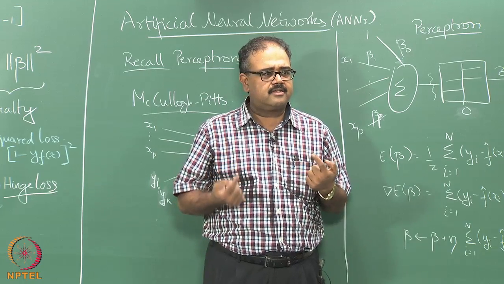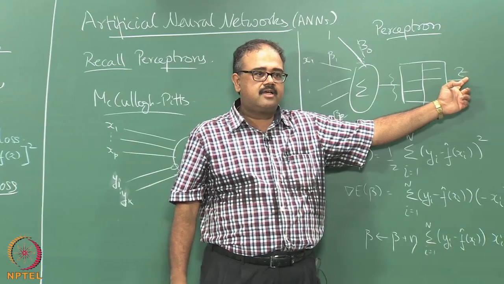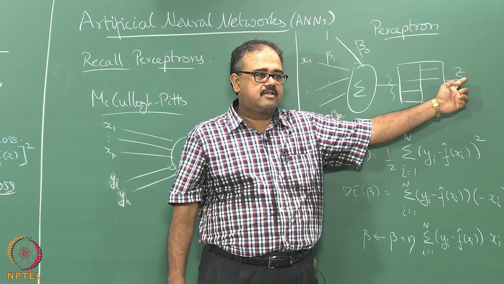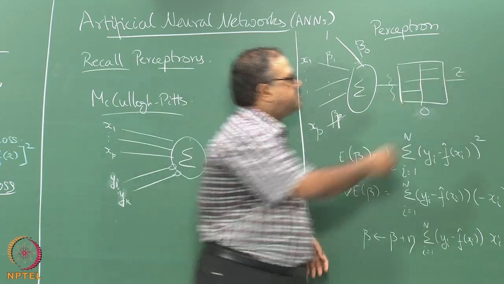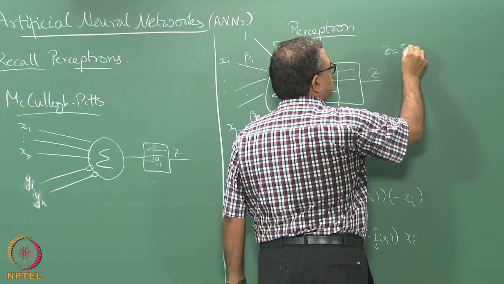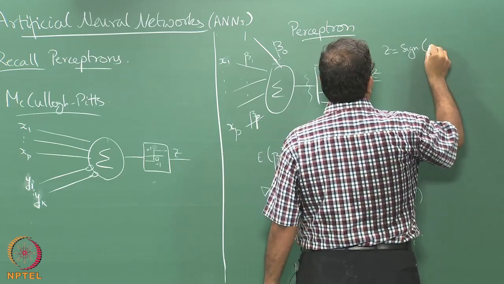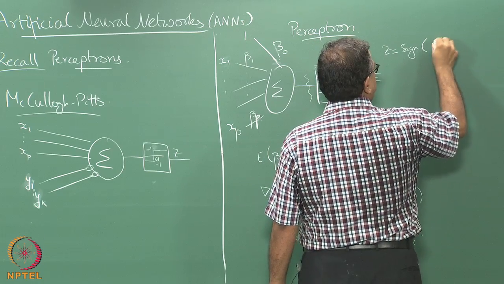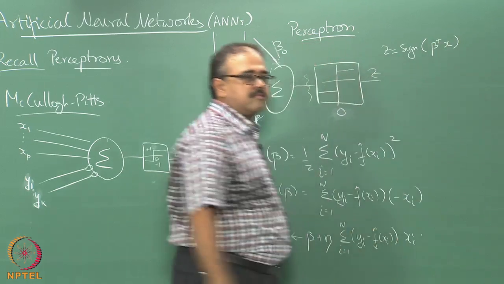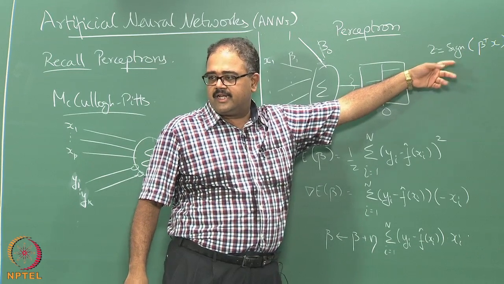Does it make sense? I can't take the derivative of z with respect to x because z is a non-linear function of x. And sign is a non-linear function, it is non-differentiable, so I can't really take the derivative.